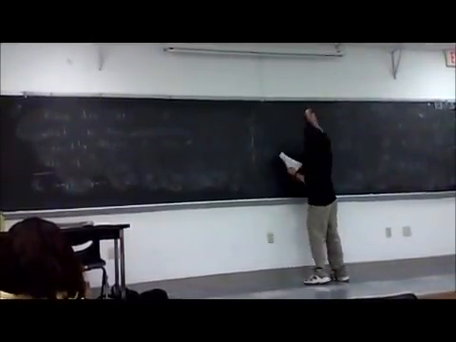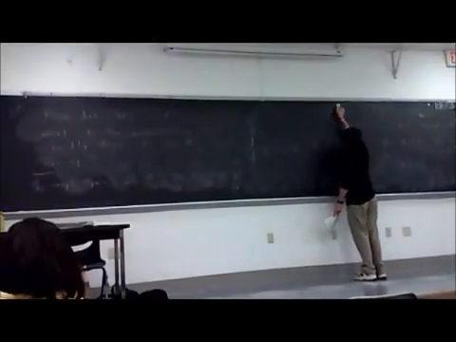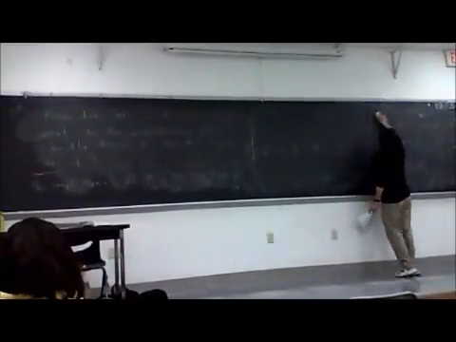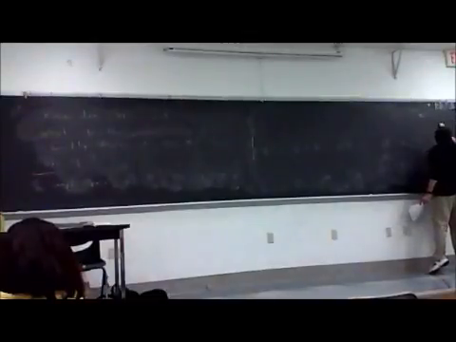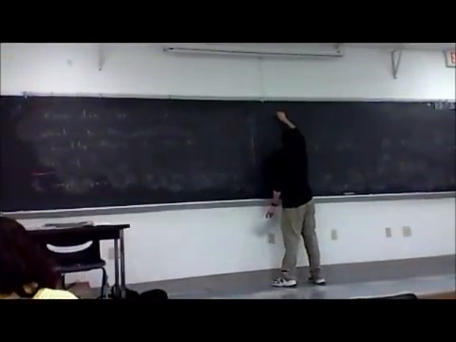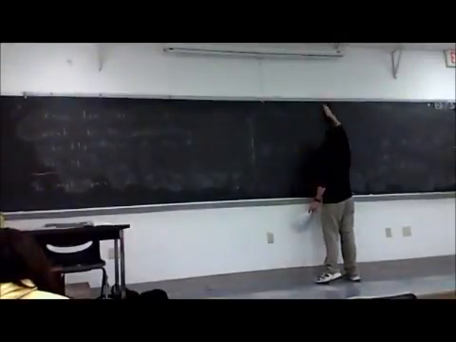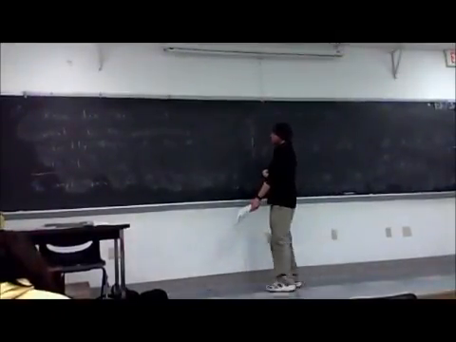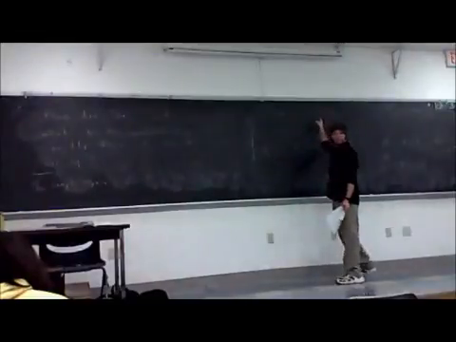So you think of this ordered tuple as having like slots. Okay. So I've got 5 slots here. I want exactly 3 of these to be 4s.